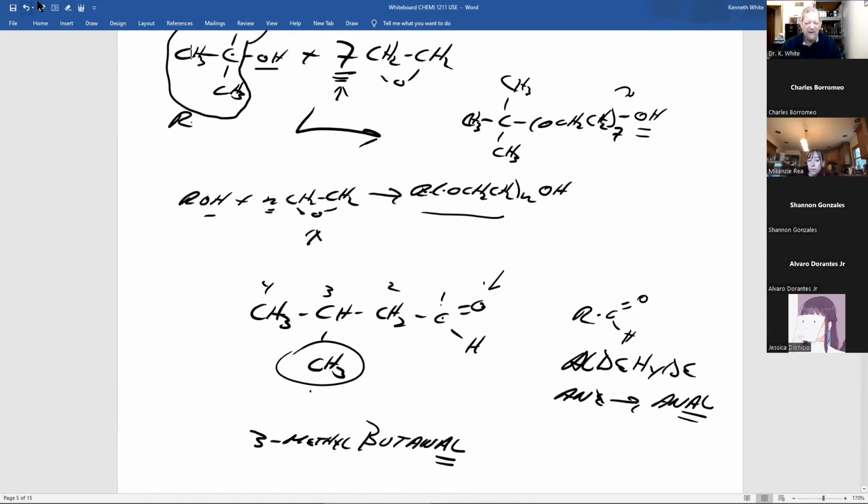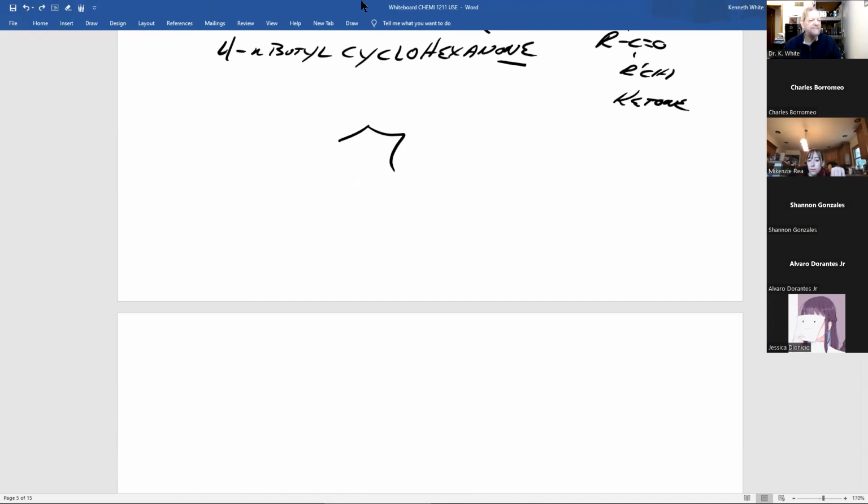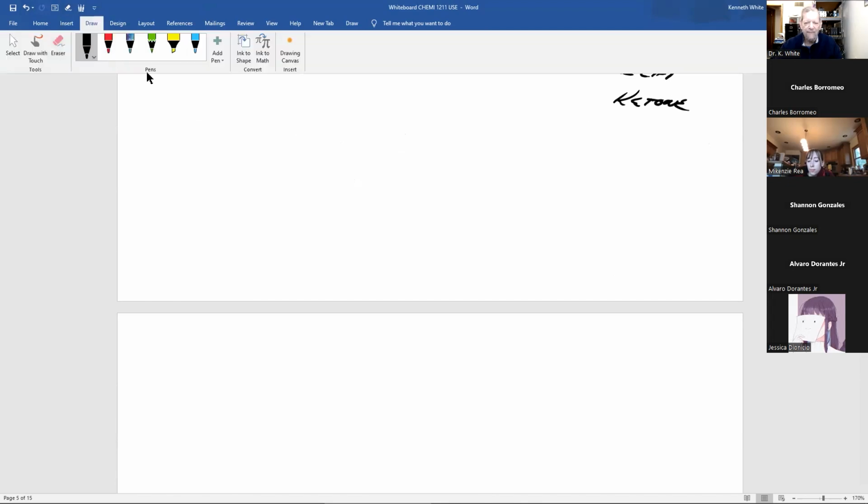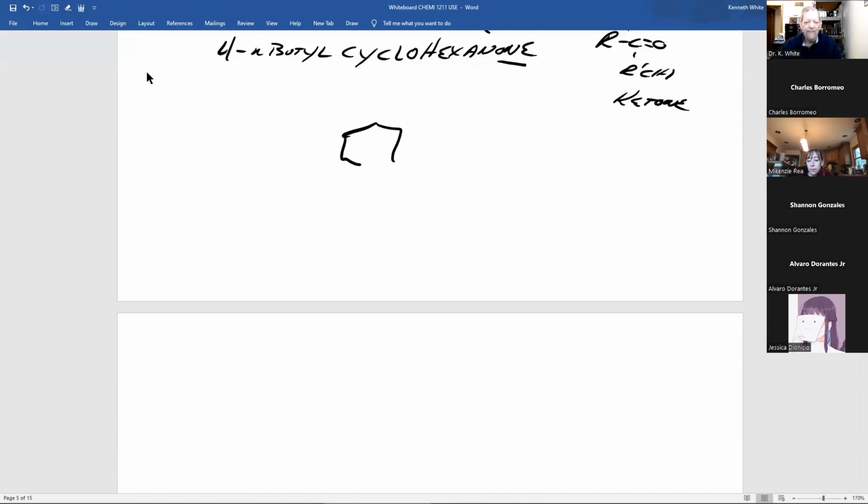Oh no, I'm having a bad ring drawing day, sorry. Let's try that again. And then I'll have my carbonyl, because this tells me the carbonyl is in the ring. That's carbon 1.